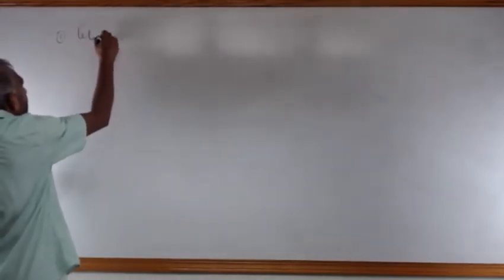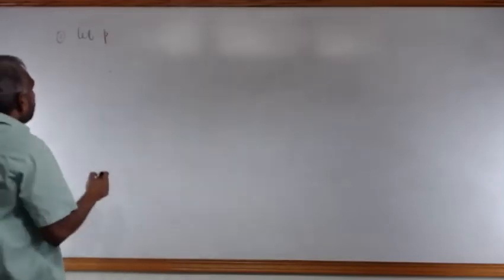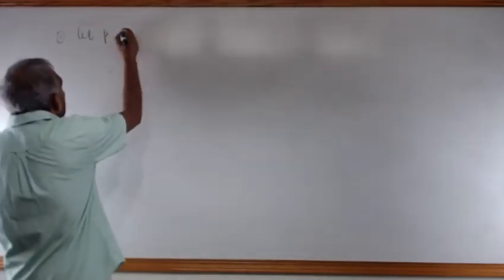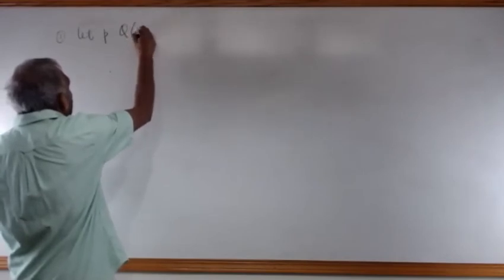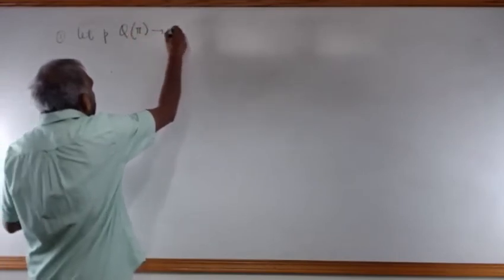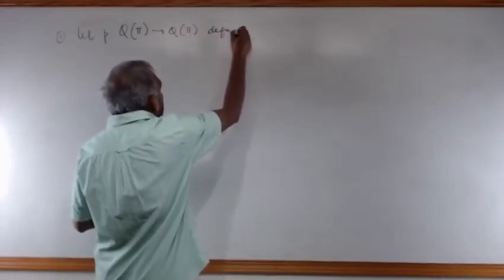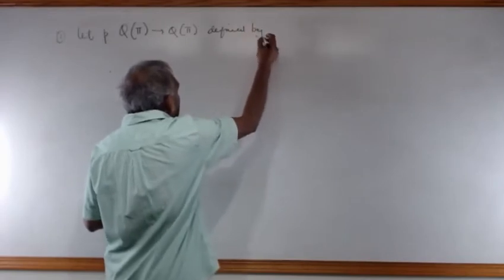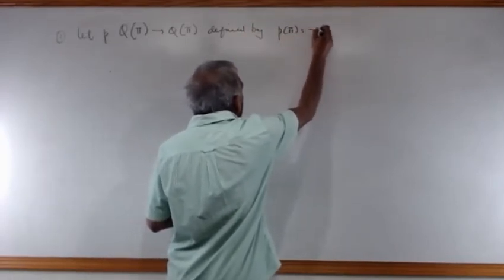Let P be an automorphism from Q of pi to Q of pi defined by P of pi is equal to minus pi.